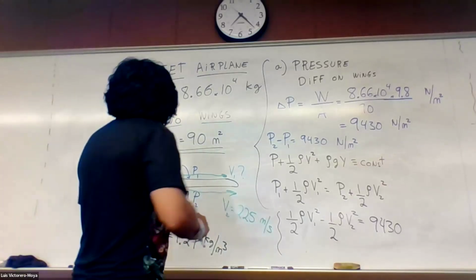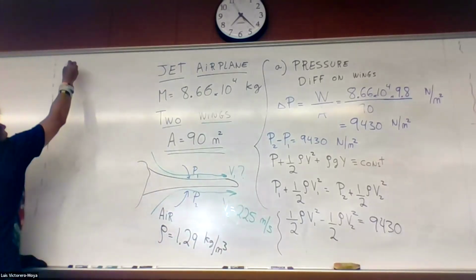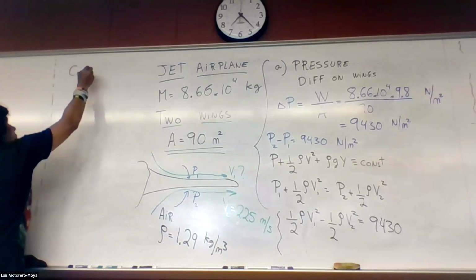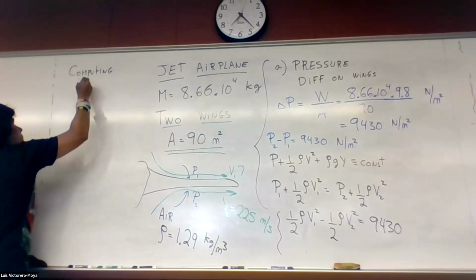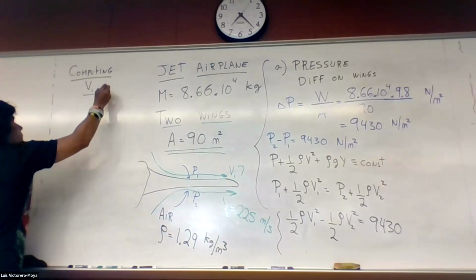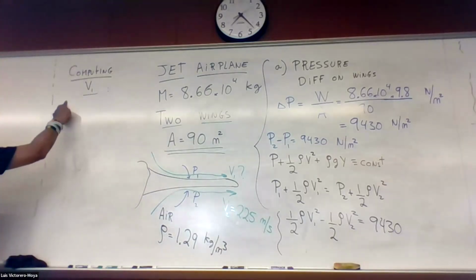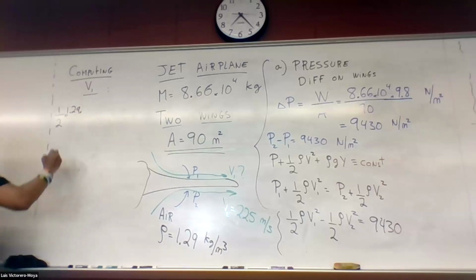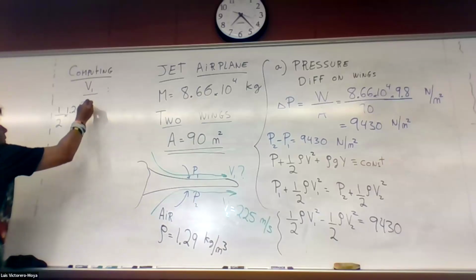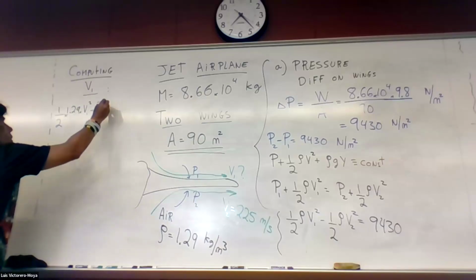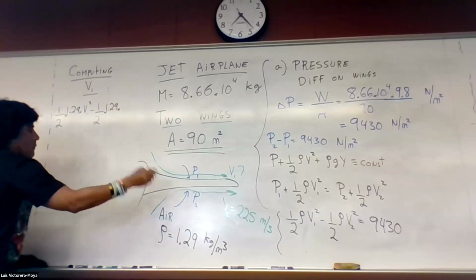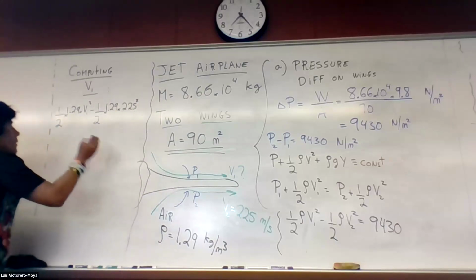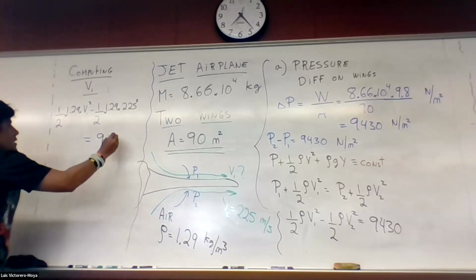All right, let's do it here. So one half 1.29 times V1 squared minus 1/2 1.29 times 225 squared, that's all equal to 9,400.